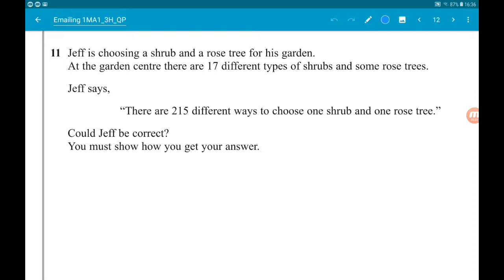Could Jeff be correct? You must show how you get your answer. Okay, so the total combinations is the number of shrubs times the number of rose trees.